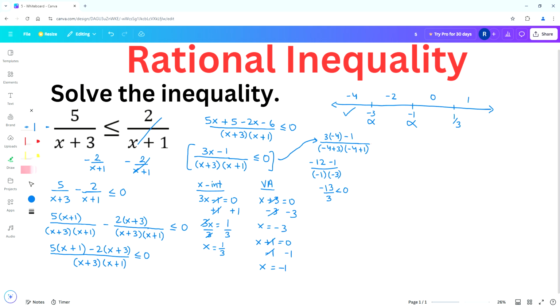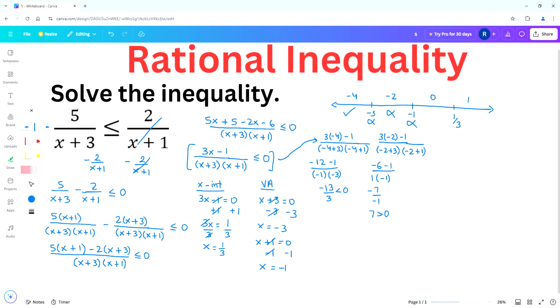Next, we can use the test value negative 2. I get a positive value, which is greater than 0. Therefore, the inequality is not satisfied between negative 3 and negative 1.